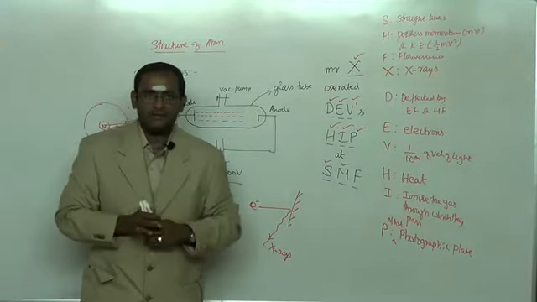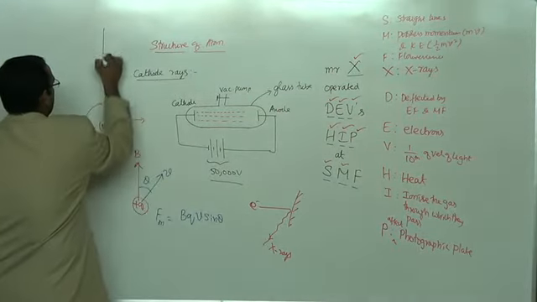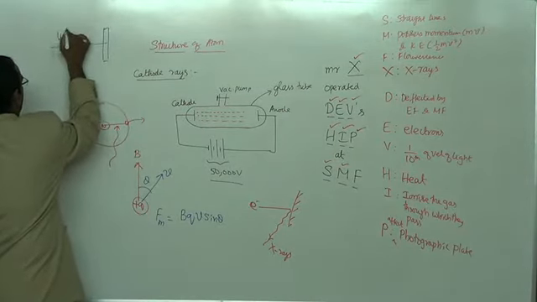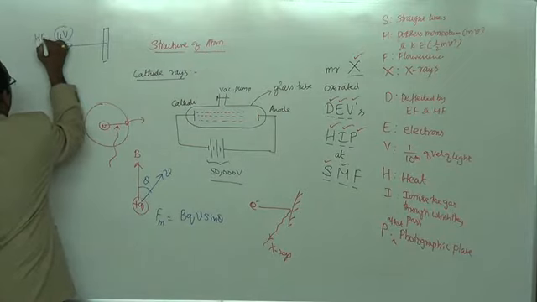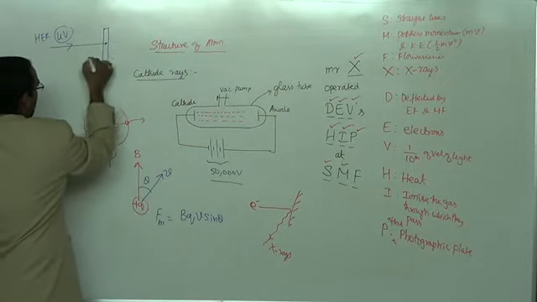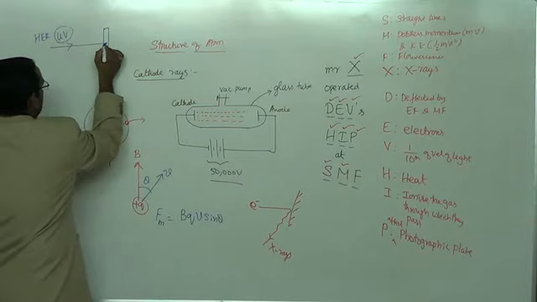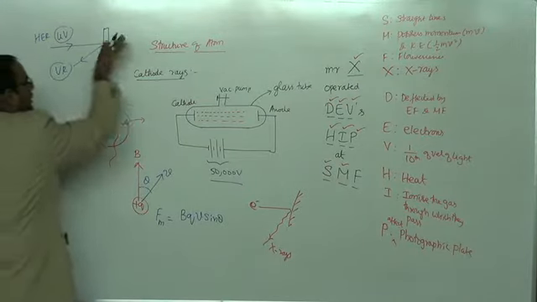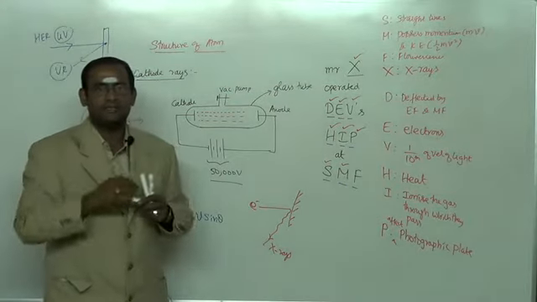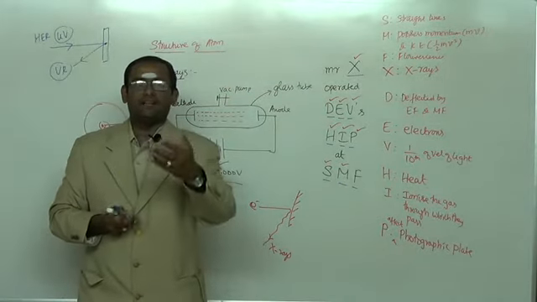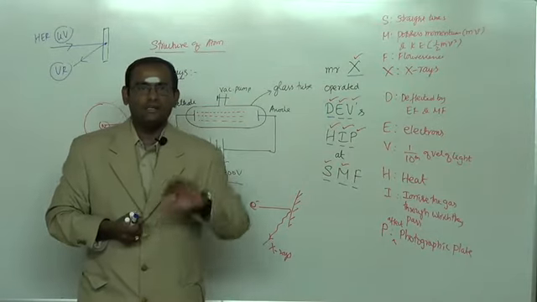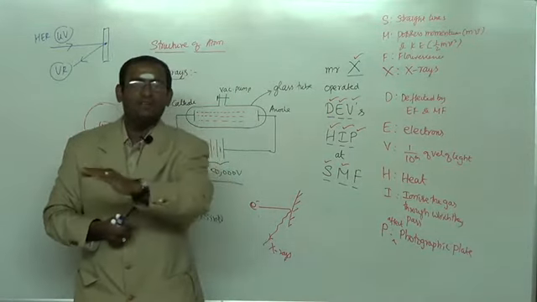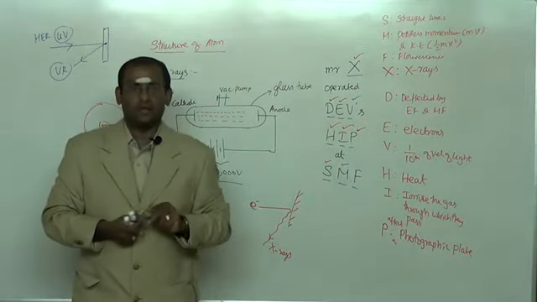Fluorescence is a process by which a high energy radiation like ultraviolet falls on a surface and gets emitted in the visible region. The conversion of high energy to visible region energy is called fluorescence.